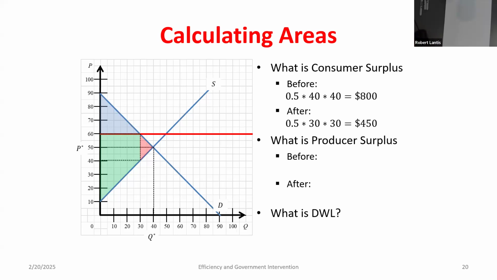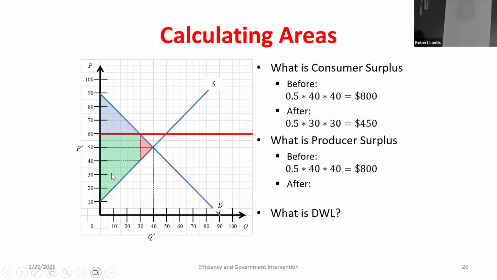Now, producer surplus is a little tricky. It can go up or it can go down. This is only one example, so it's going to do one of two things, but I'll try to explain why it could be the other. So what was producer surplus before? The area below the price of 50, but above the supply curve. This is a nice, easy example, right? The area of that triangle, 40 times a half.